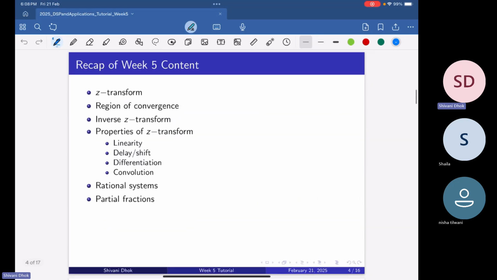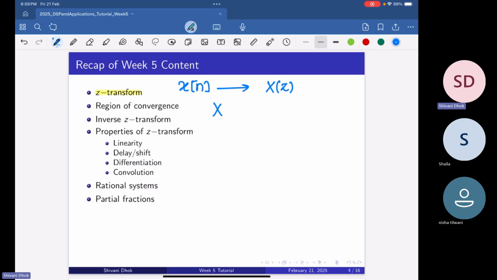Okay, so let's start with today's recap. As I mentioned, we introduced a very important transform that is known as the Z transform. Now the Z transform is for discrete time signals. Let's say we have a signal x of n. This is a discrete time signal and its Z transform is x of z.